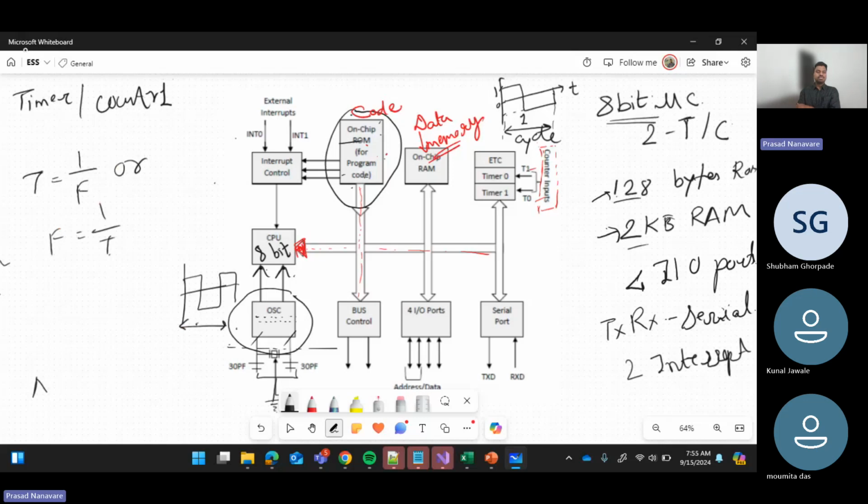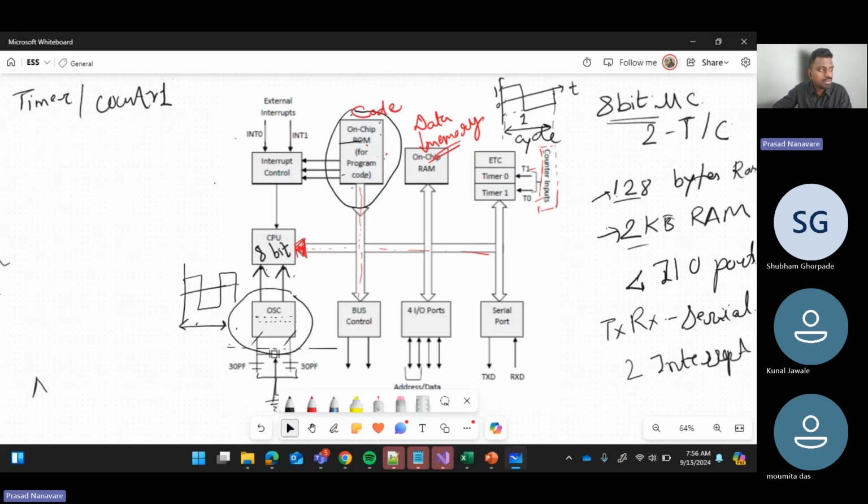Did you know this relation before? Time is a function of frequency, or frequency is a function of time, we can say. This is how the time is counted, with the help of frequency.